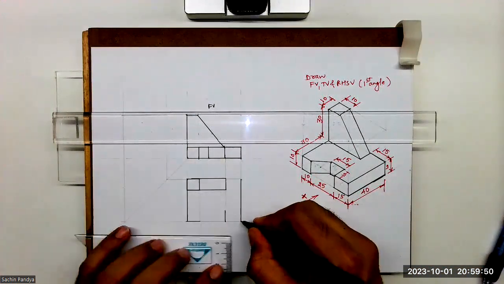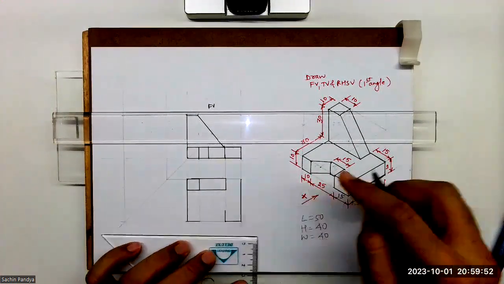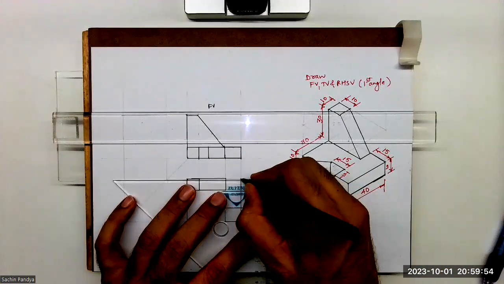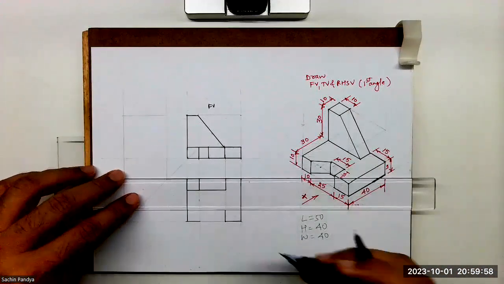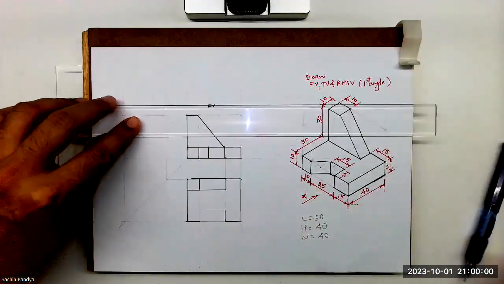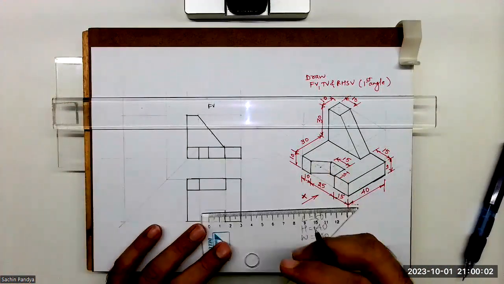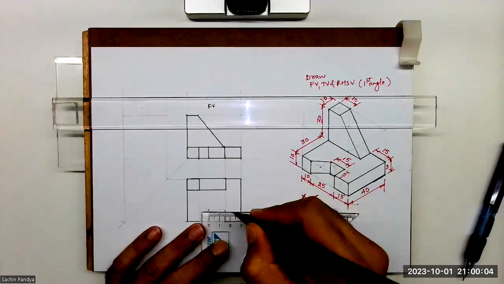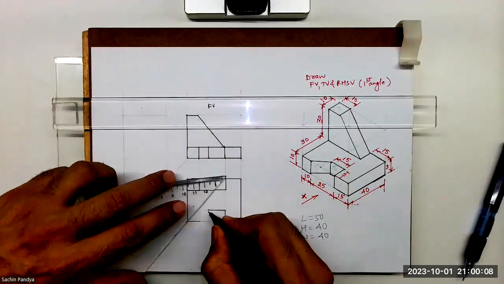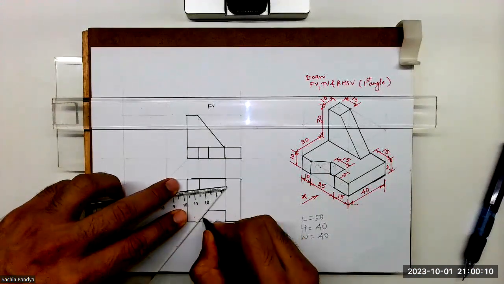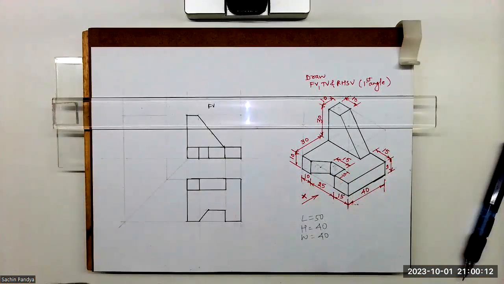So we can draw this much. Then we'll go inside by 15. And then you join this. This is how it will look in the top view.